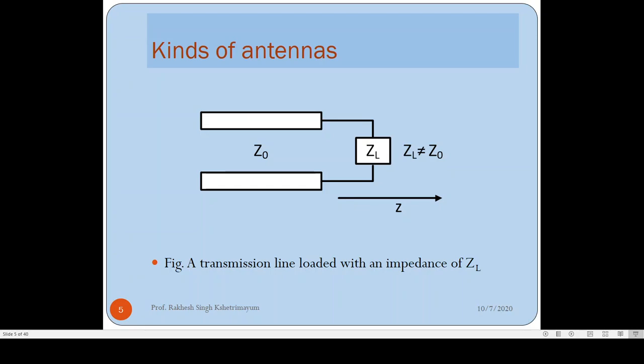So at any point on the transmission line we have a combination of a wave propagating along the positive z-axis and a wave propagating along the negative z-axis. The wave propagating along the positive z-axis is the incident wave, and the wave propagating along the negative z-axis is the reflected wave. So we have a combination of these two waves.